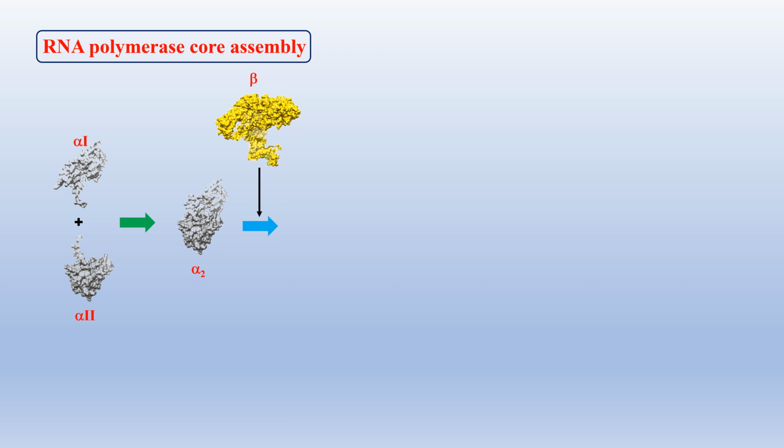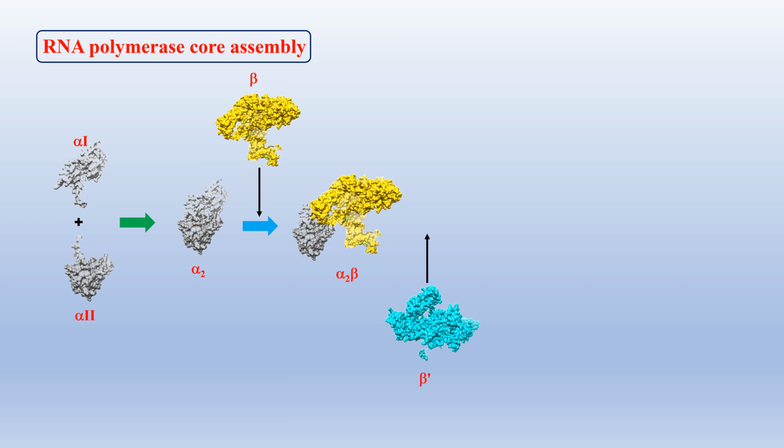Let us look at the core assembly of the bacterial RNA polymerase. 5 subunits join together sequentially. 2 alpha subunits form a dimer. To this dimer are added beta and beta prime subunits sequentially.